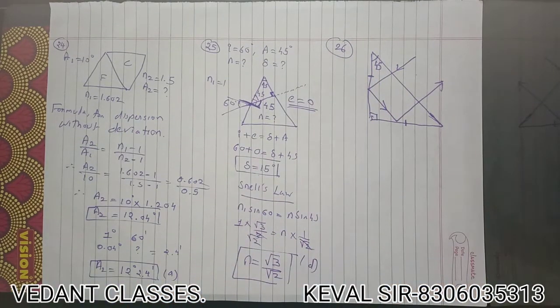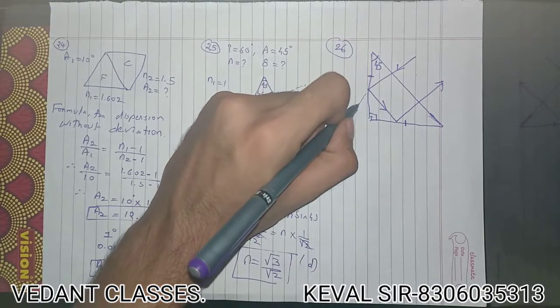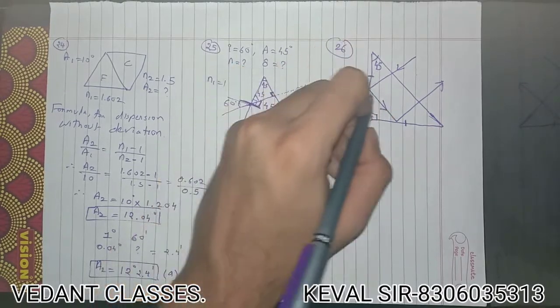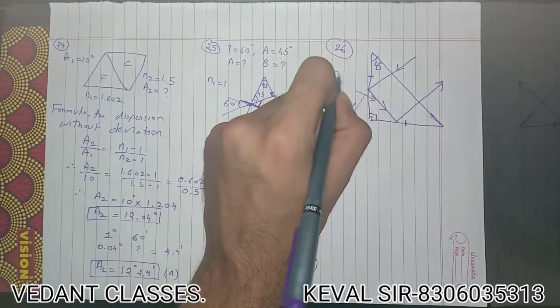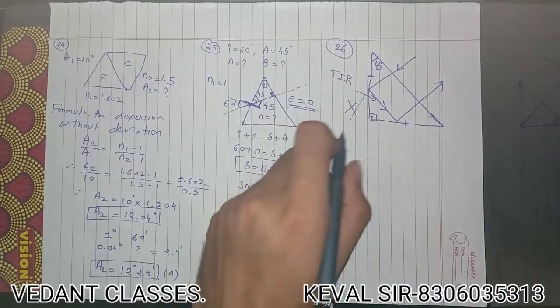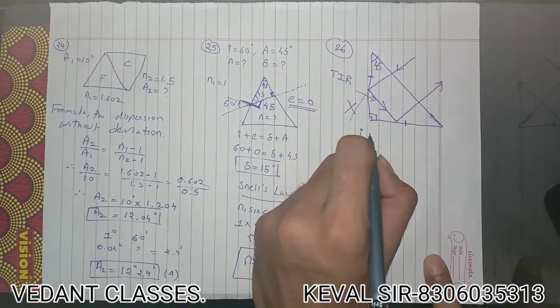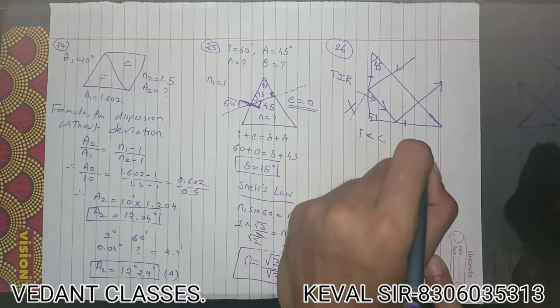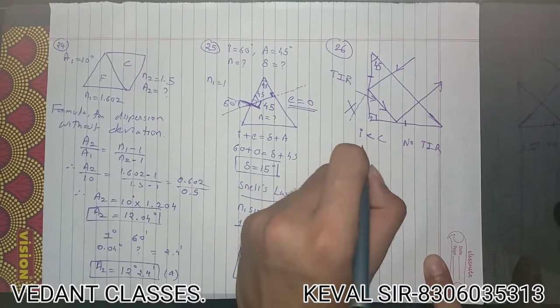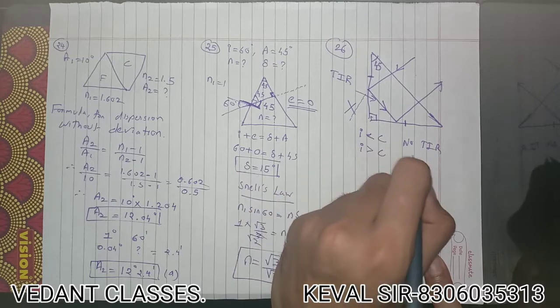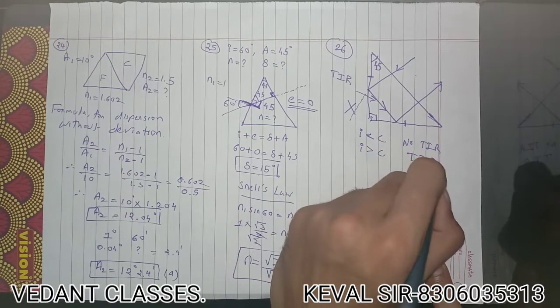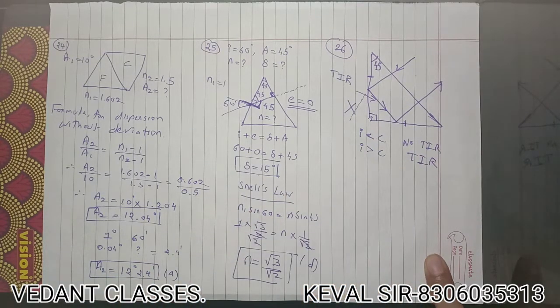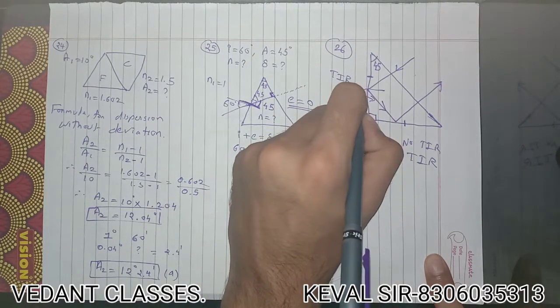Now you can see the ray is not coming out, hence it is said to be total internal reflection. If the angle of incidence I is less than C, then no total internal reflection will take place, and if the incident angle is greater than the critical angle, total internal reflection will take place. Now we need to find the angle of incidence first.